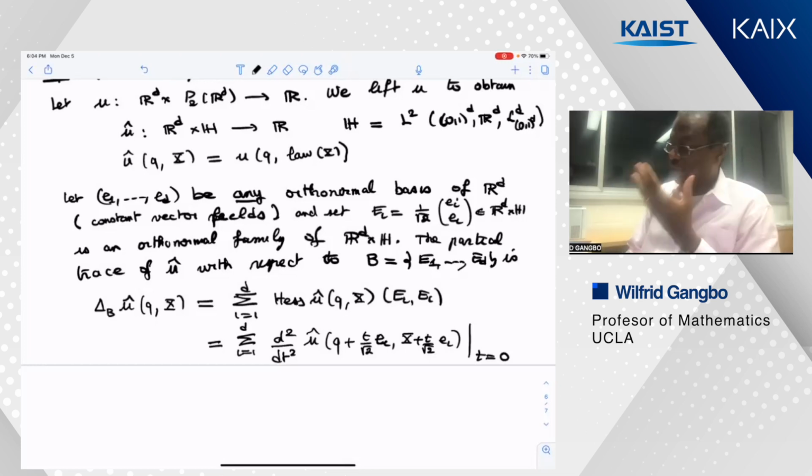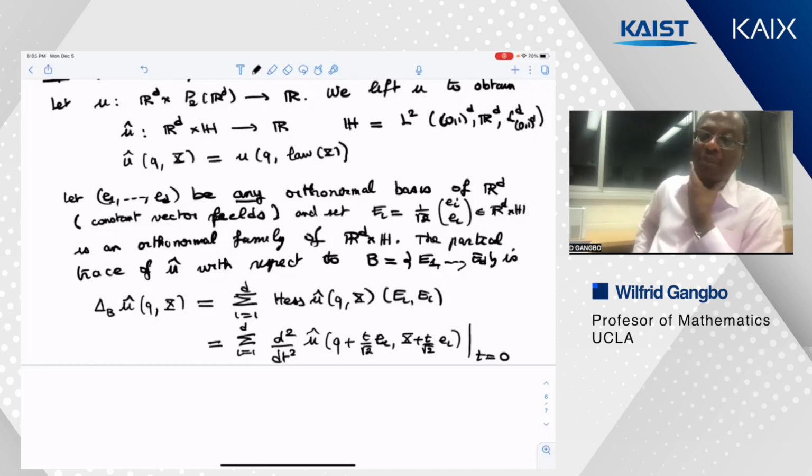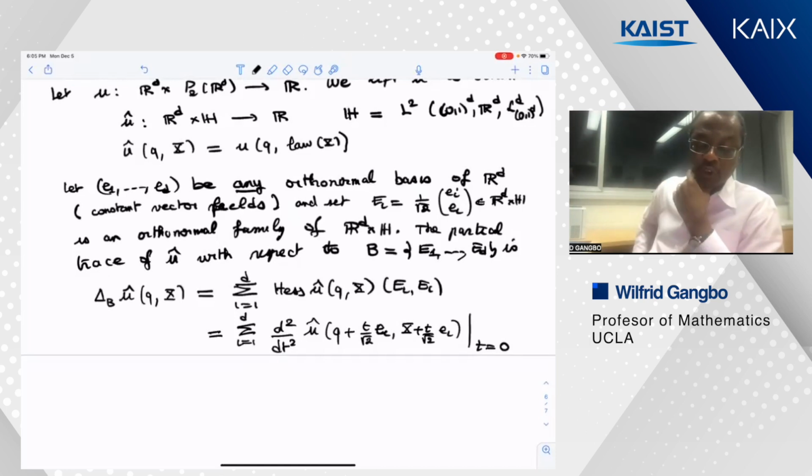So I take a second order Taylor expansion and keep the quadratic part, and this is the Laplacian, partial Laplacian with respect to an orthonormal family, which is far from being a basis of the whole infinite dimensional space.